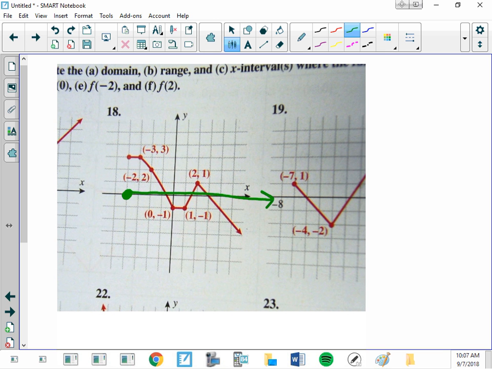Those are the x's that belong to the graph. So the domain is going to be from -4 to infinity. Is -4 part of the domain? Yes. How do I know? Because this is a closed circle. So -4 gets a bracket, and infinity gets a parenthesis.